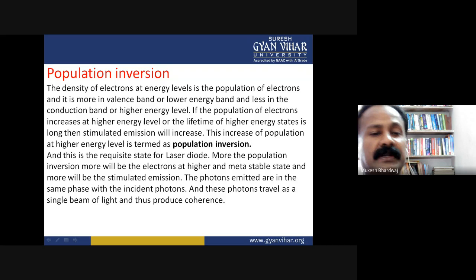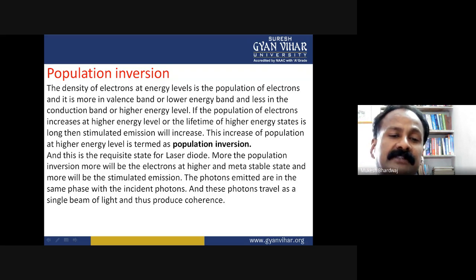At this threshold condition, a semiconductor diode starts to act like a laser. If we continue to increase the forward current, the gain, that is the number of emitted stimulated photons, continues to increase, which means the intensity of the output light also continues to increase.